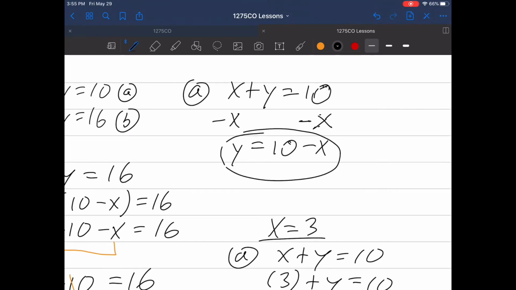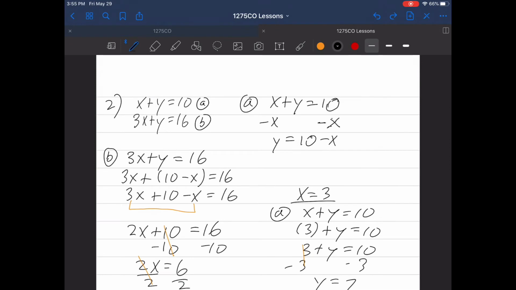If we solved it and said that x is equal to 10 minus y, we could solve it in a similar way. But the point is that we are substituting the variable y for 10 minus x.